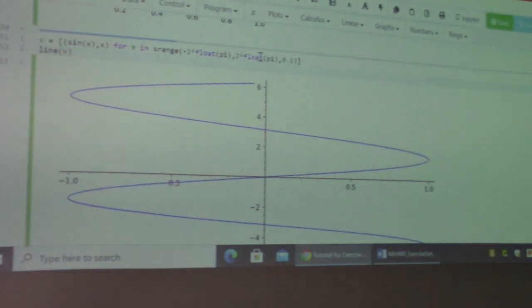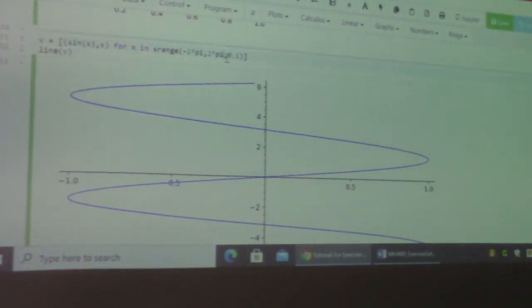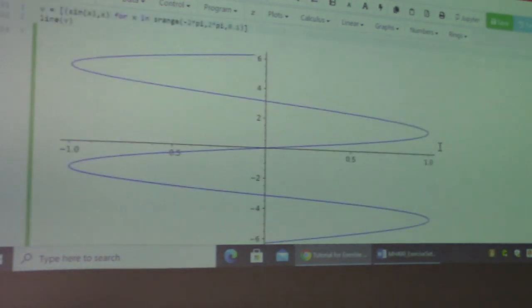So float here probably refers to a floating point number. It's a data type. I suspect if I just got rid of float and just did 2 pi, it would still work. You can try. See what happens. It may be that this srange command, though, requires floating point numbers. And that's why that's there, because otherwise it gets an error. No. I'm not sure why they had float there.